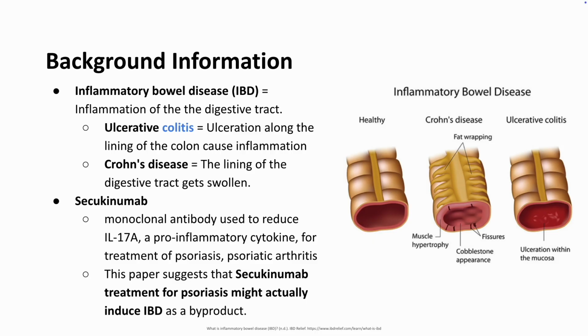What that monoclonal antibody does is it binds to IL-17A, so it cannot bind to other things, or it will bind and cause macrophages to carry out phagocytosis. So IL-17A cannot cause inflammation anymore. That's kind of how it works.